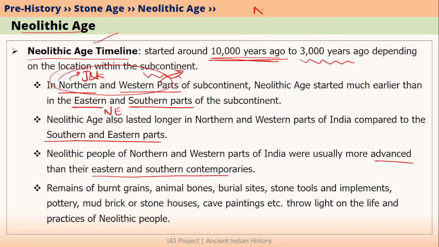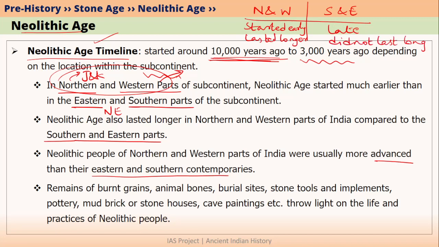So, if we look at northern and western parts and southern and eastern parts of subcontinent, we can see that in northern and western part, Neolithic Age started early. In southern and eastern parts, it started late. In northern and western parts, it lasted longer. In southern and eastern parts, it did not last long.